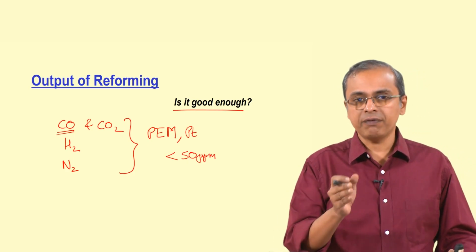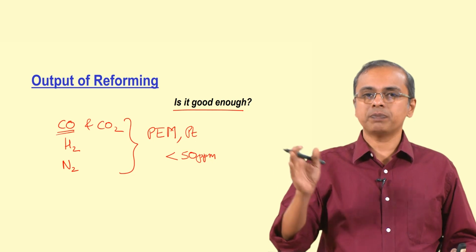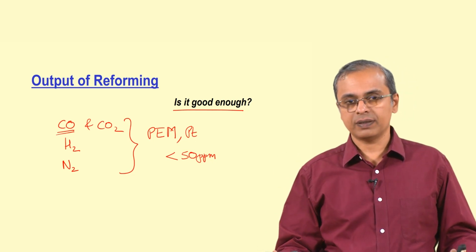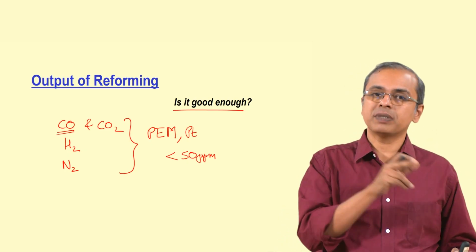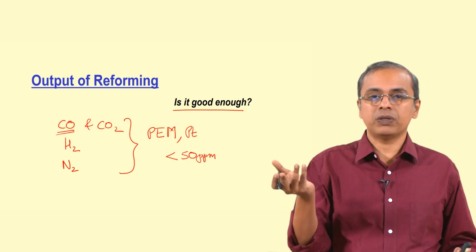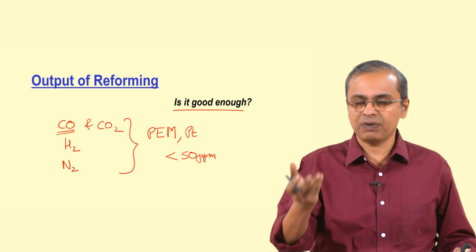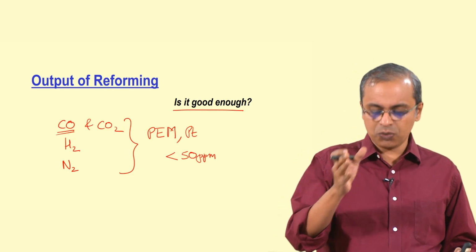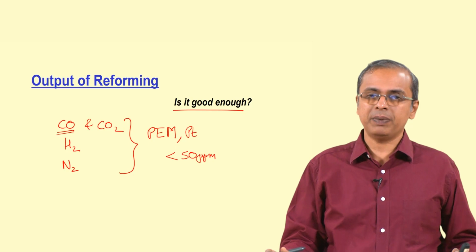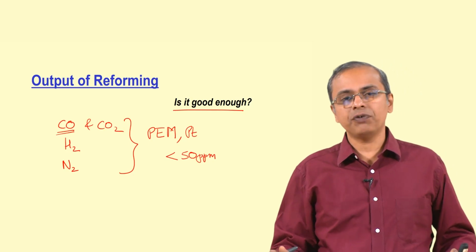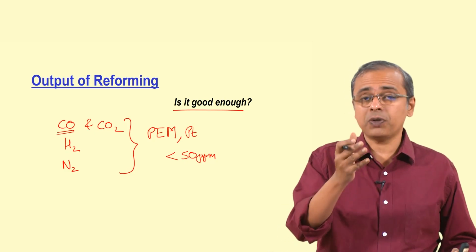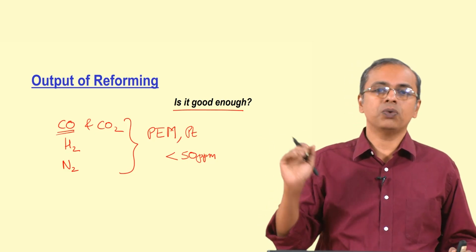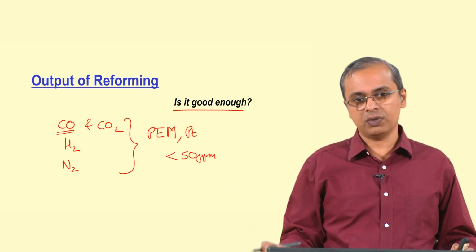So you should have a fuel stream that has less than 50 parts per million of CO for the fuel cell to tolerate it, whereas what is coming off the reformer is typically 1 or 2% of CO. So you may have something like maybe 0.5%, 1%, some reasonably large quantity which is distinctly larger than this 50 ppm that I am mentioning. Therefore you need to do something to this exit stream, you have to further process this exit stream before it can go into the fuel cell. You cannot just directly put this into the fuel cell.